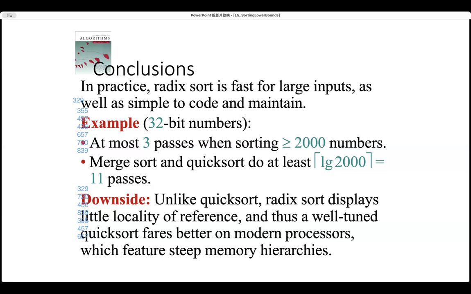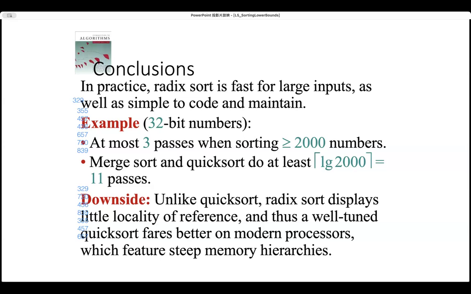For 32-bit numbers, we do 3 passes when sorting 2,000 numbers or more. Merge sort and quick sort do at least log 2,000, which is about 11 passes. So radix sort is indeed quite fast.